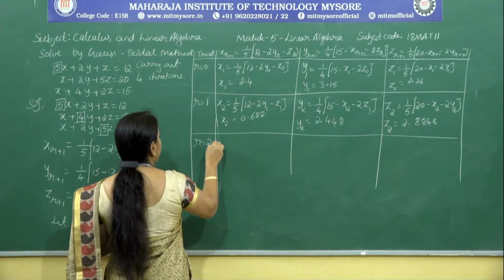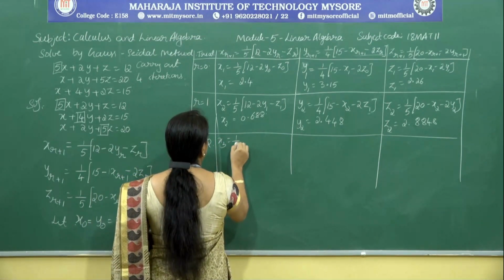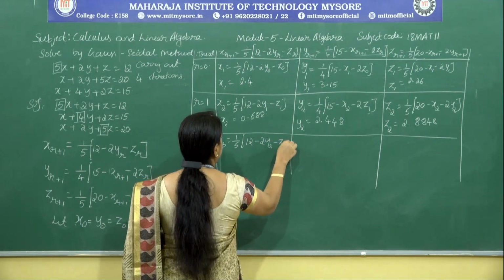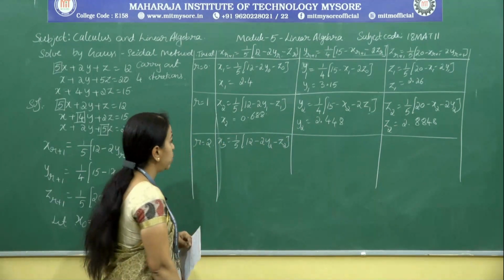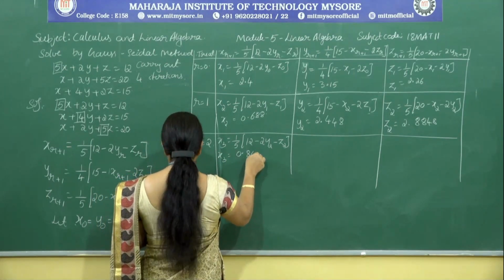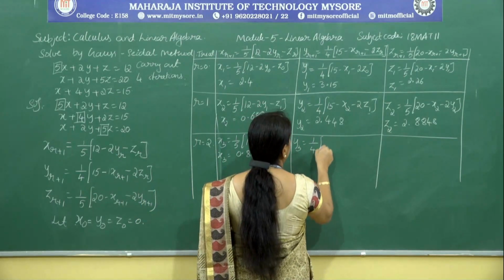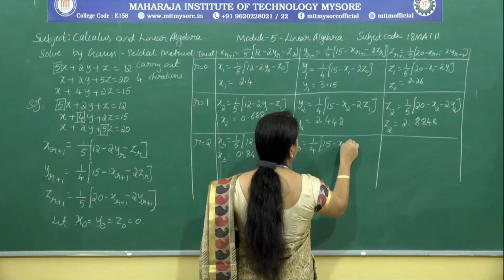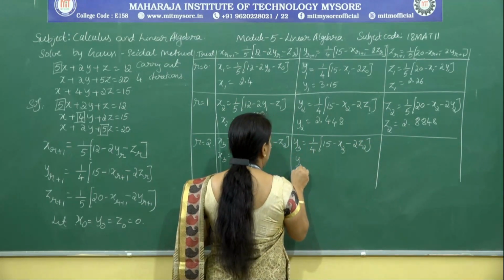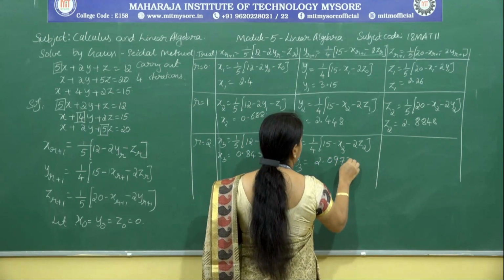And with r equal to 2, we have a third trial, that is x3 is 1 by 5 into 12 minus 2 y2 minus z2. If you substitute the corresponding y2, z2 values, your x3 will be 0.8451. And y3 is 1 by 4 times of 15 minus x3, of course, minus 2 times of z2, then y3 is 2.0972.